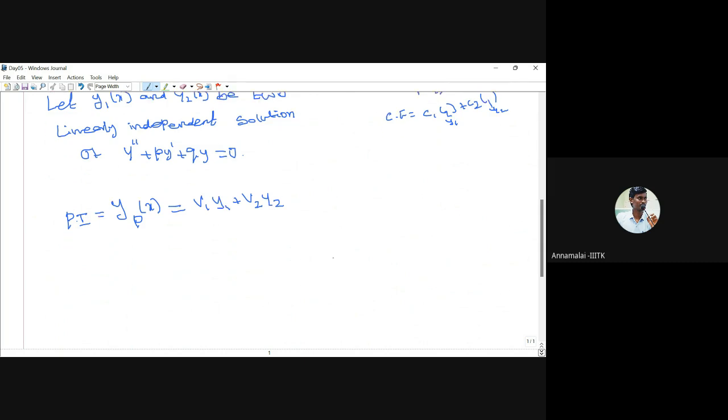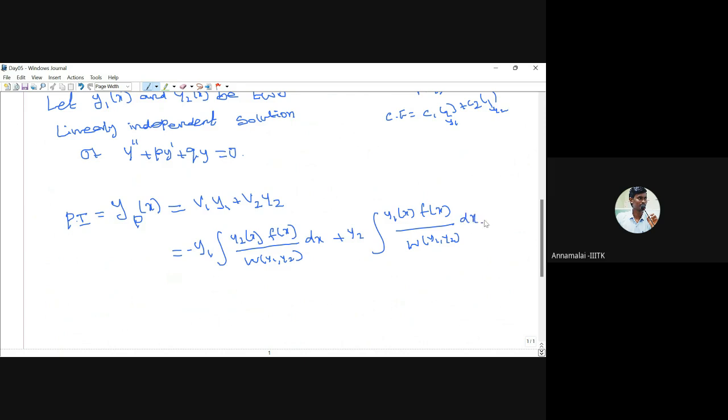It will take some theory, so I am directly writing that. V1 is minus the integral of y2 of x into the right hand function f of x, divided by the Wronskian of y1, y2, into dx, plus y2 of x into the integral of y1 of x into the right hand function f of x by the Wronskian of y1, y2, into dx.